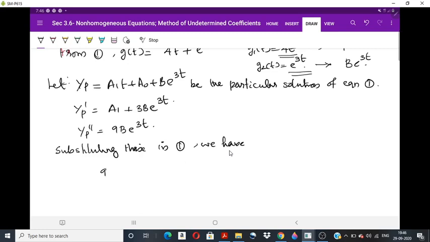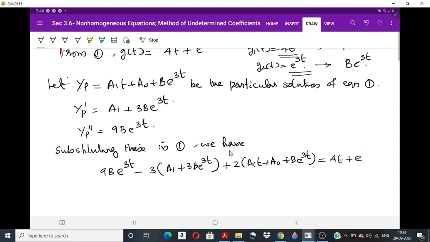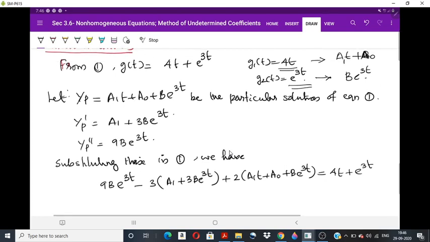So y double dash means 9b e raised to 3t, minus 3 into y dash, which is a1 plus 3b e raised to 3t, then plus 2 into y, which is a1t plus a0 plus b e raised to 3t. It is equal to 4t plus e raised to 3t.